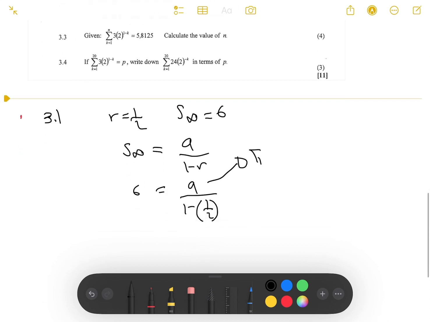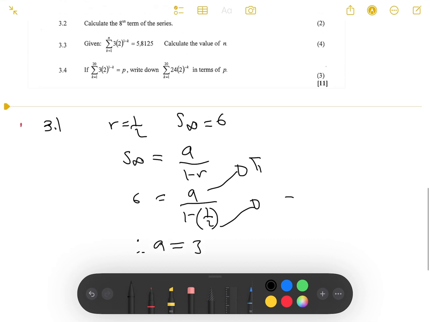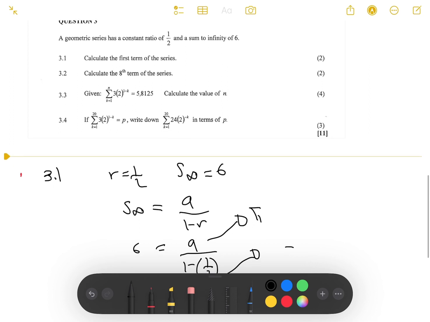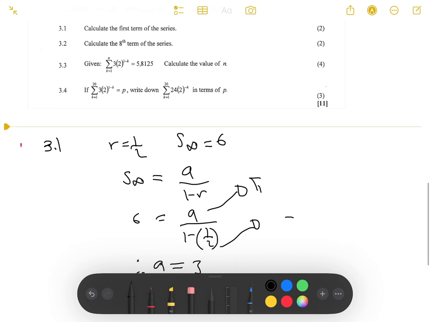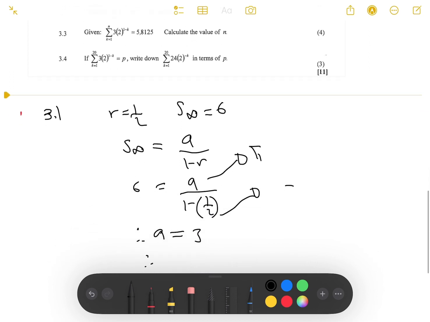I prefer that you put it in brackets all the time, in case it was negative, to not end up forgetting the negative. So here we end up with basically 6 times half, right? Therefore our a equals 3, which is our first term.